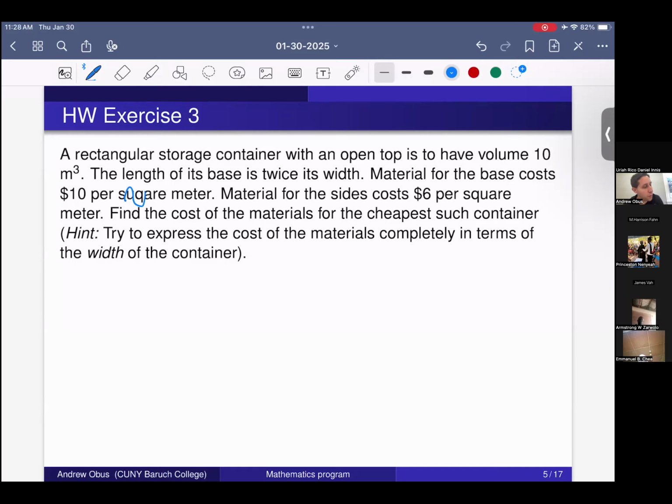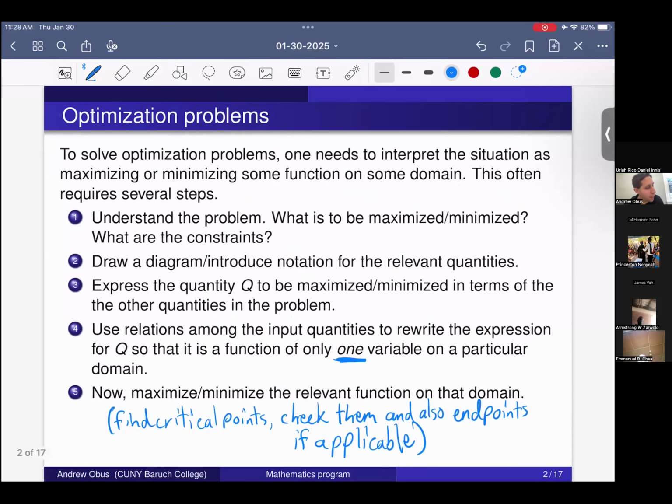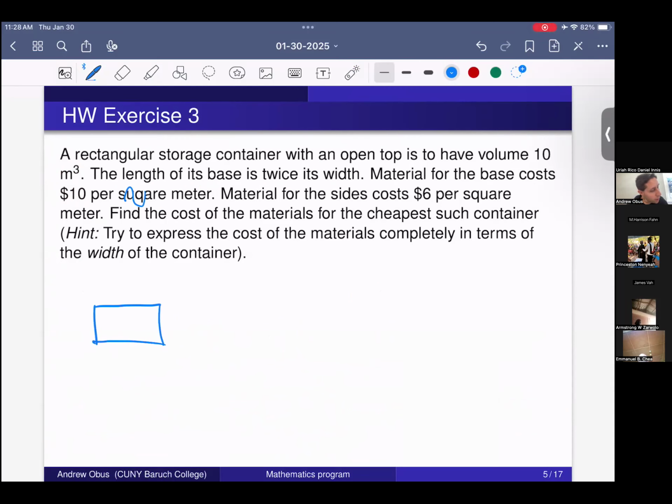Okay, so if we go back to our strategy, step 1 is to understand the problem, and step 2 is to draw a diagram. We understand the problem: we know what the volume has to be, and we want to build it as cheaply as possible. Our diagram is going to look something like this. We're going to have a box with an open top.